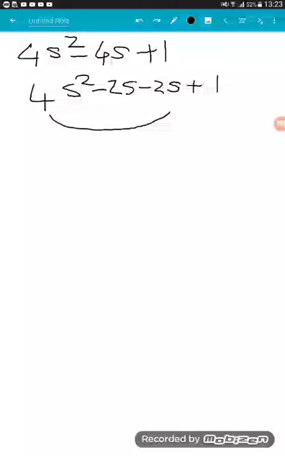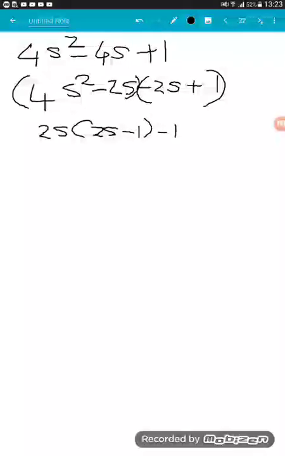So by this we got this equation, and now we can take it in brackets. You can take 2 and s as common, so it will become 2s minus 1 into 2s minus 1.